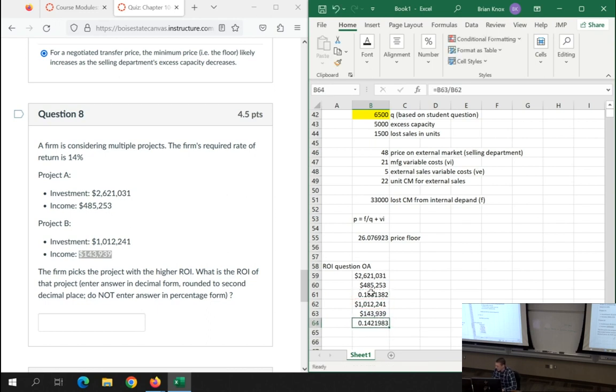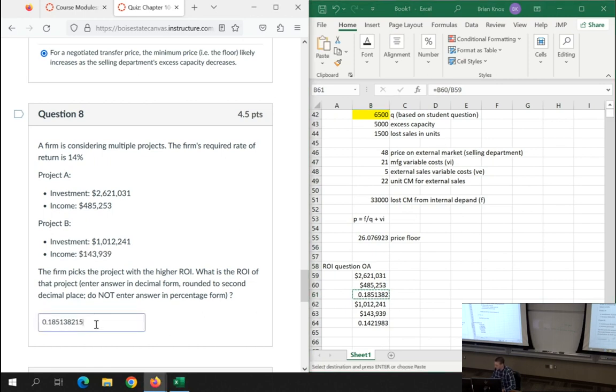So it looks like they would have picked project A. It has the higher ROI, so we are going to copy that over. We're going to round to a second decimal place, it says, and leave it in decimal form, not as a percentage. So 0.19. Is that okay?